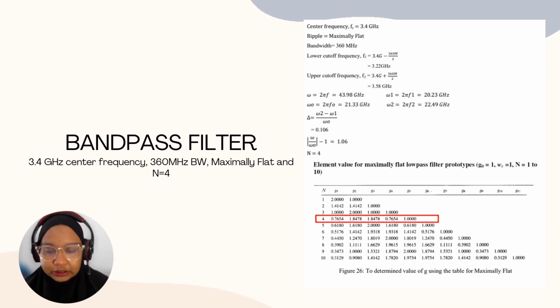Then we choose n equal to 4 by the value given, from 0.7654 until G5 1.000.